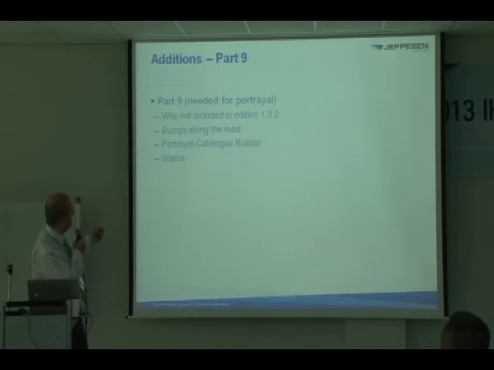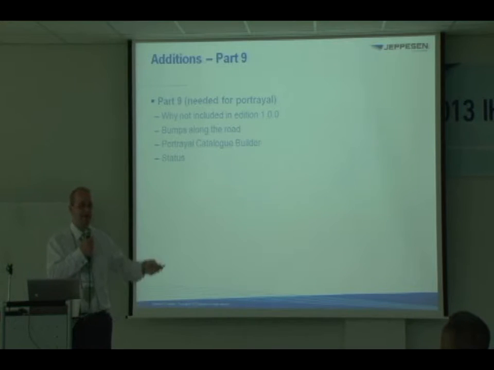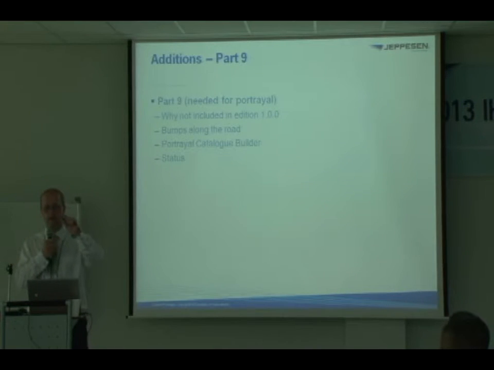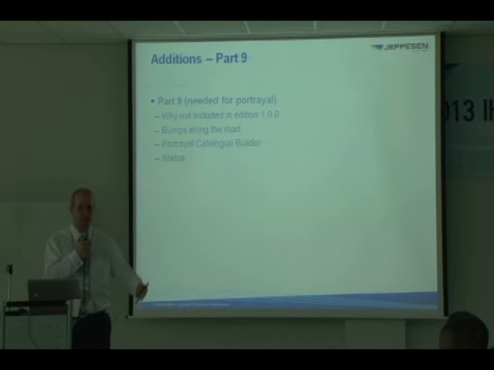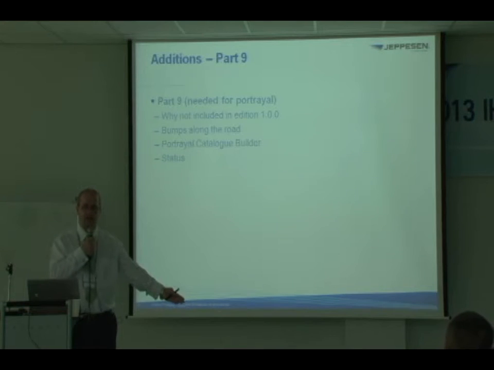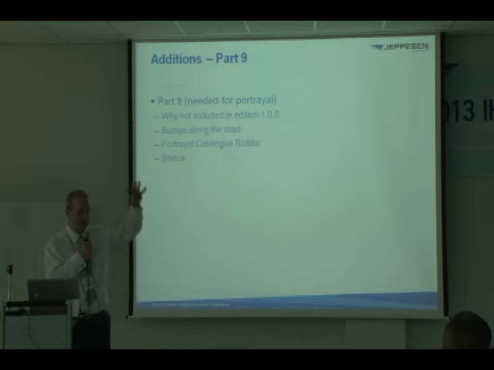So the idea is that this portrayal catalog builder will make that process simpler by having a feature with certain attribute categories and associating that with a type of portrayal, and let the background application develop the portrayal catalog, and then you'll be able to send it out with your product specification, as opposed to the way it is now, where you have to write 500 pages.